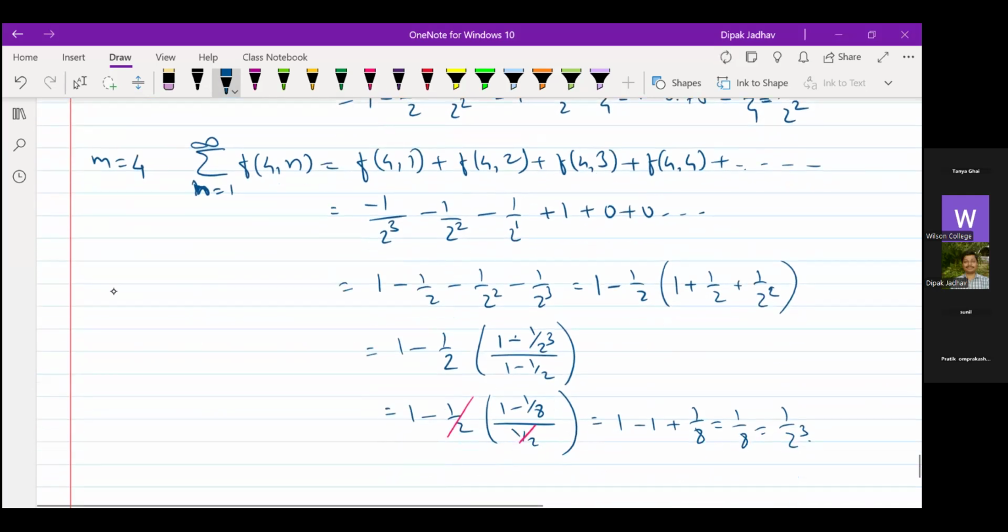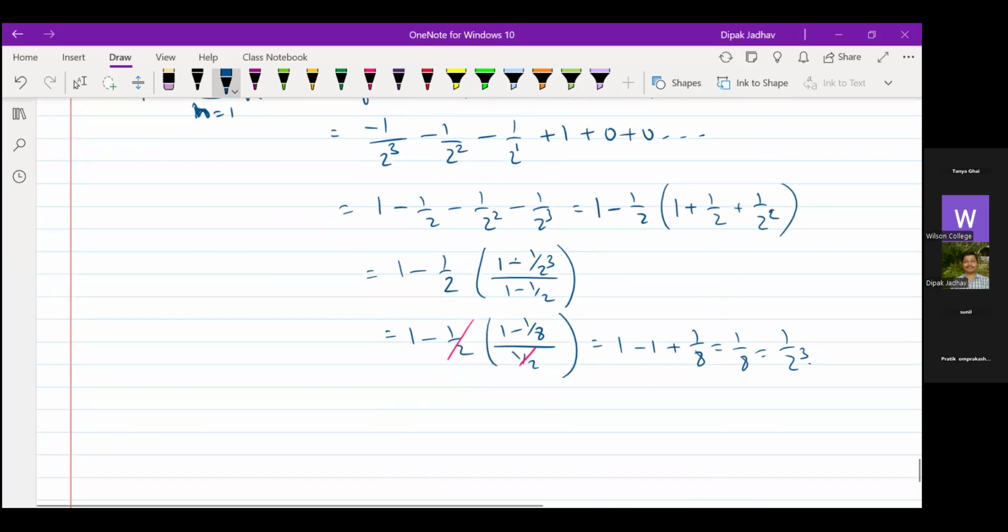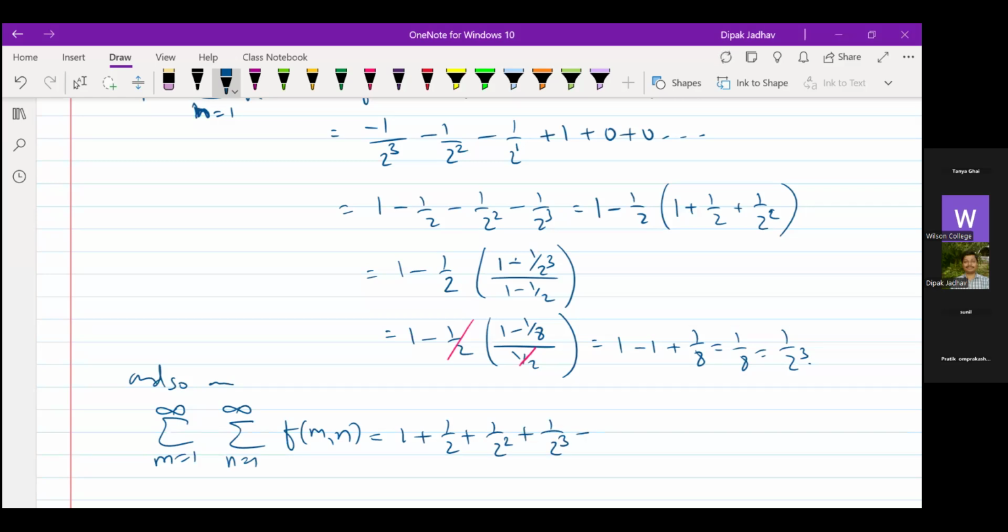For m equal to 4, we have 1 by 2 cube, and so on. What are you going to get? Let me write summation m from 1 to infinity and n from 1 to infinity, f of m comma n will be 1 plus 1 by 2 plus 1 by 2 square plus 1 by 2 cube plus 1 by 2 raised to 4 and so on.